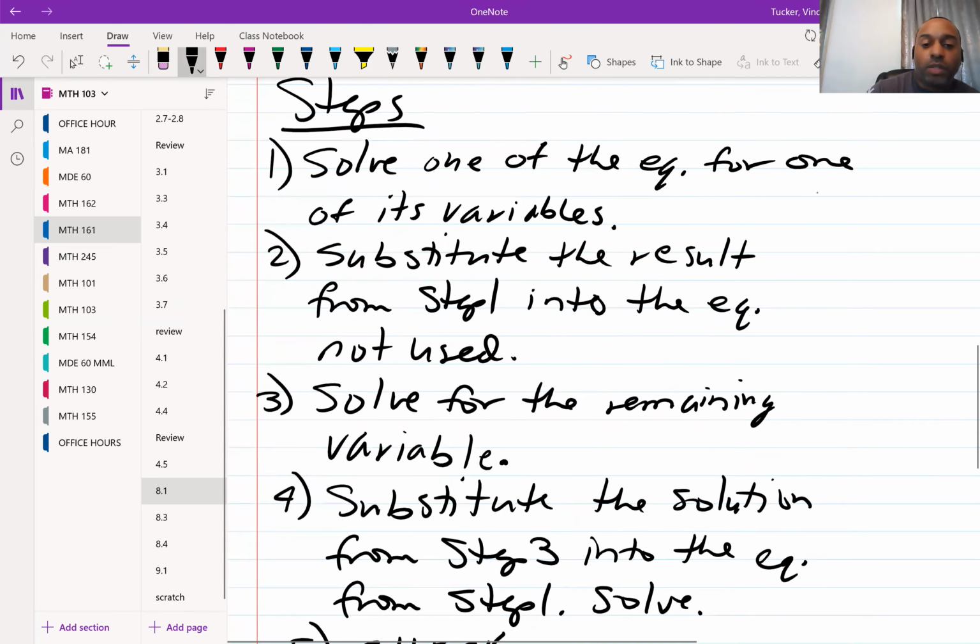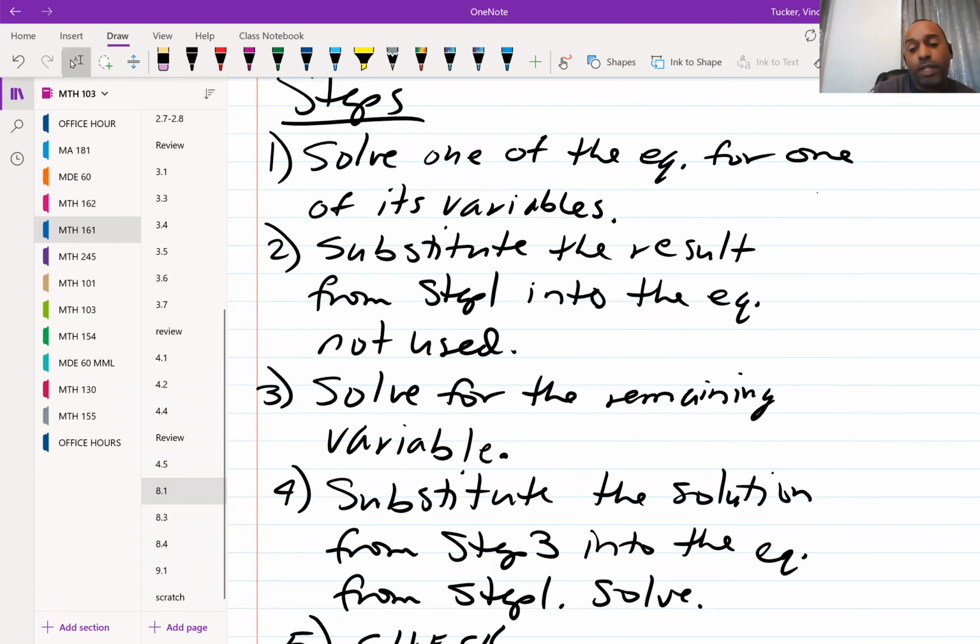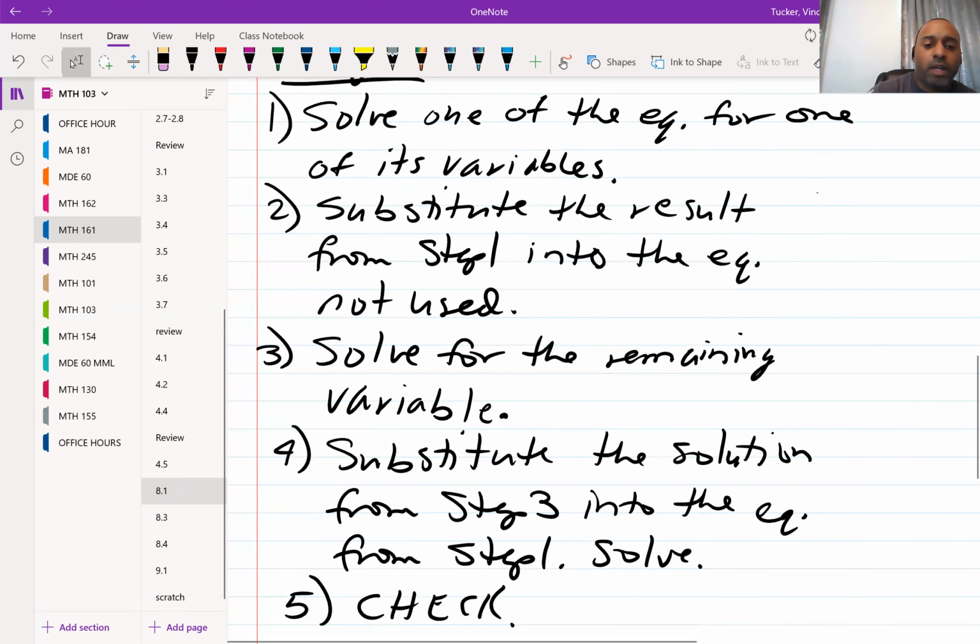Then substitute the solution from step 3 into the equation from step 1 and solve that. Then check: take your ordered pair, plug it back into the original equations of the system, and see if it works. Just like we did with (4, 2): 4 plus 2 is 6, 4 minus 2 was 2.